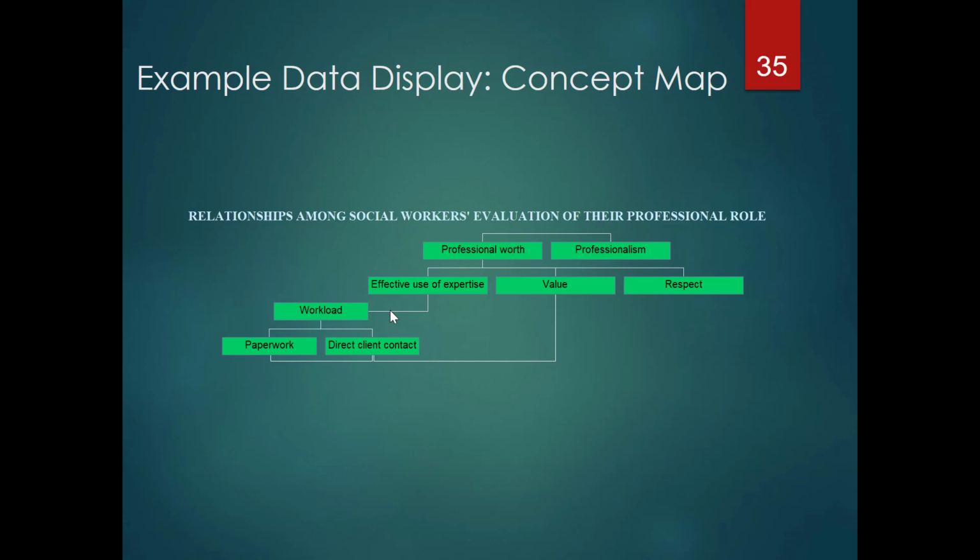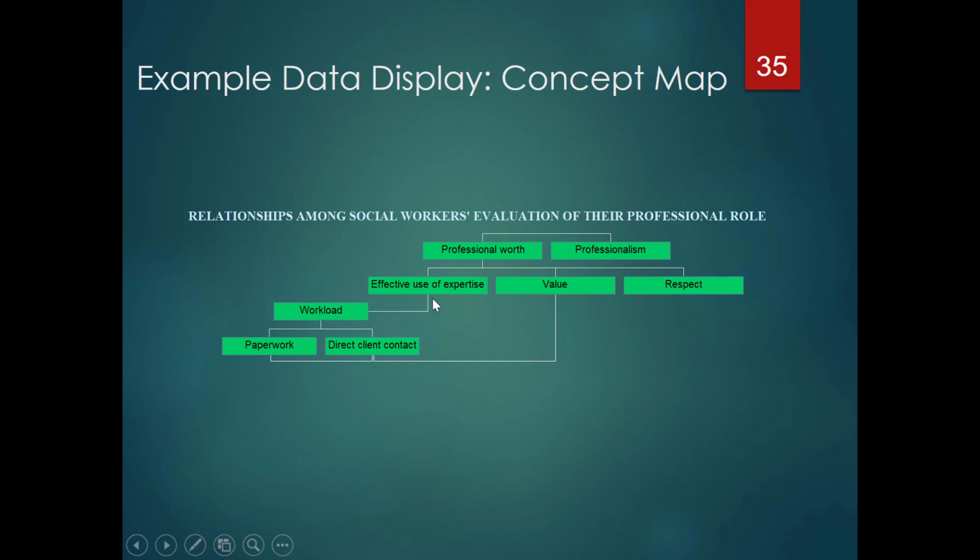Here they're looking at the relationships among social workers' evaluation of their professional role. And basically, you're just showing a display of how different things are linked. Looking at the top, we have professional worth and professionalism. Professional worth is also linked to effective use of expertise, value, and respect.